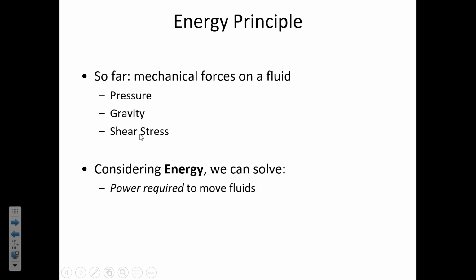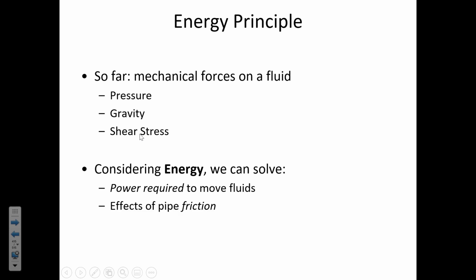But we haven't yet addressed some way to account for pipe friction or the energy that's required to move a fluid from one location to the other. So with the energy equation, we can also move into the description of power. The hydropower equation we'll look at not next week, the week after next, and find out the watts required to move a fluid with a pump or the amount of watts that can be generated if we're using a turbine in a hydropower type situation.